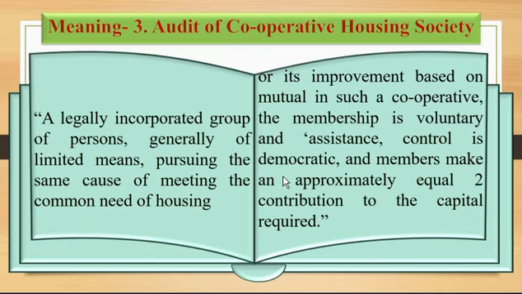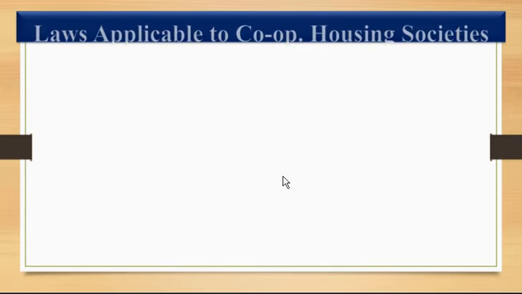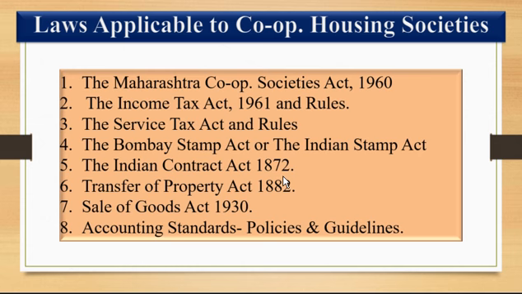Now, let us see laws applicable to cooperative housing society. First is the Maharashtra Cooperative Society Act 1960. Second is the Income Tax Act 1961 and rules. Third is the Service Tax Act and rules. Fourth is the Bombay Stamp Act or the Indian Stamp Act.